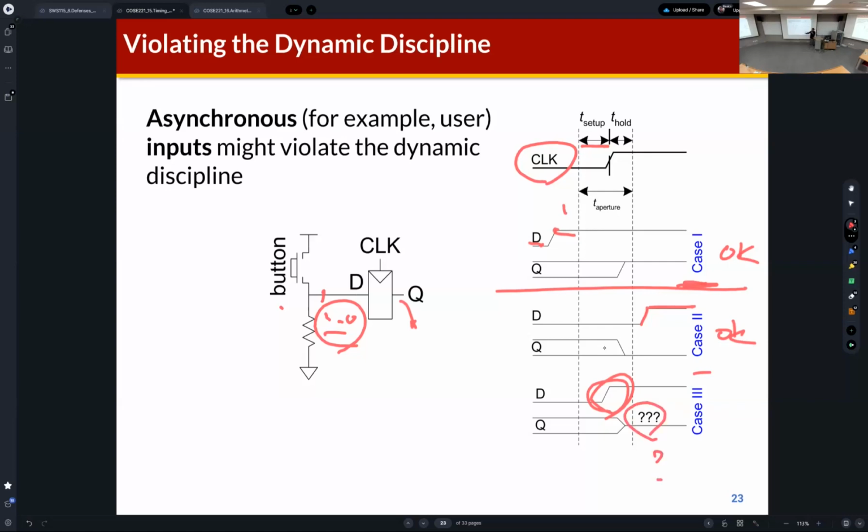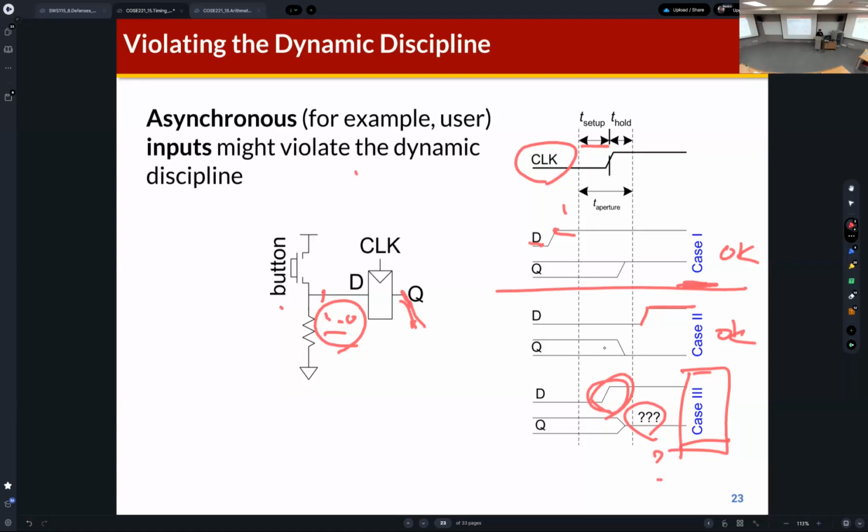I said that if the input of this D flip-flop violates the setup time or hold time constraint, then we don't know the exact value of Q. So this is the case 3 situation. This case 3 violates the setup time or hold time constraint.